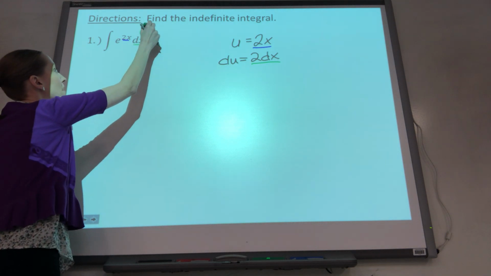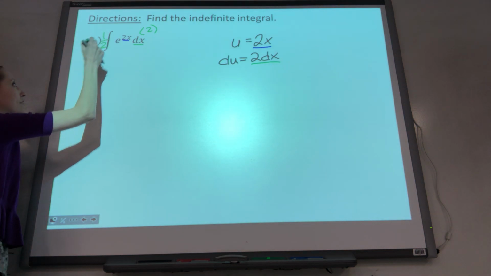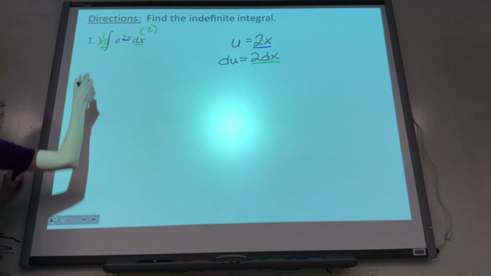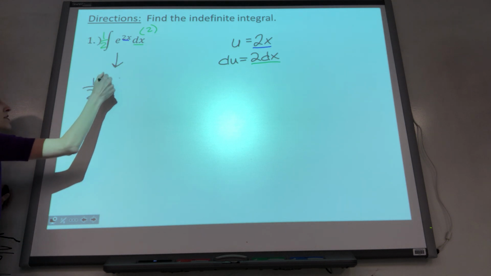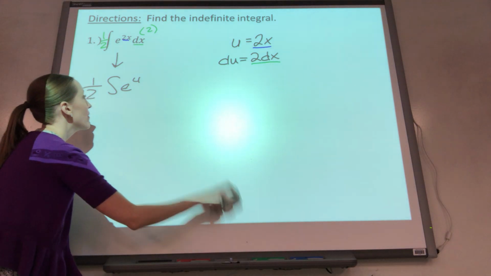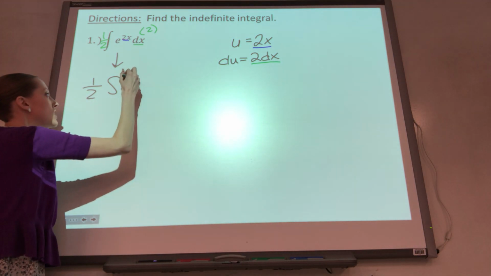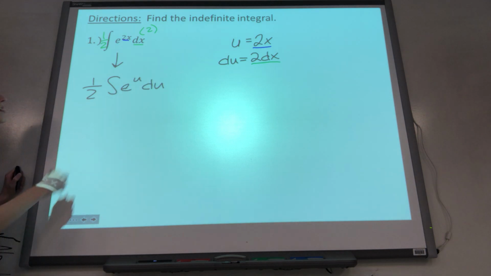You don't have a 2 for the du part, so I'll have to pull a 1/2 out front. And then that whole thing turns into 1/2 e to the u du. That e kind of looks like a 4, but it's supposed to be a u.